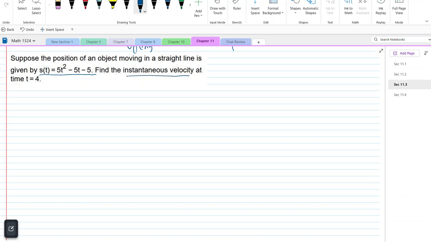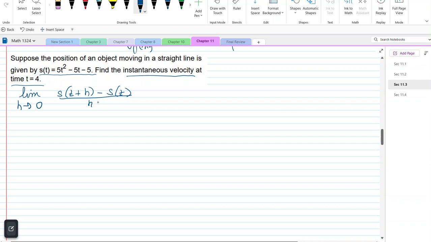Find the instantaneous velocity at time equals 4. So we're going to take the limit as h approaches 0 of s of t plus h minus s of t, all divided by that h.